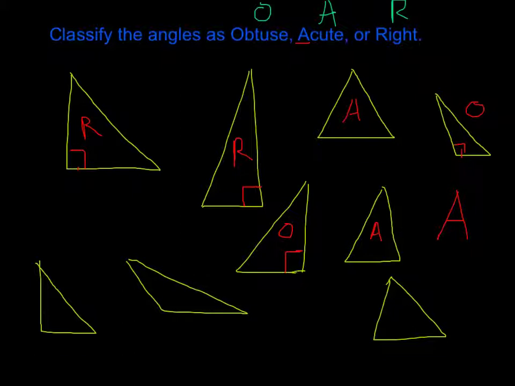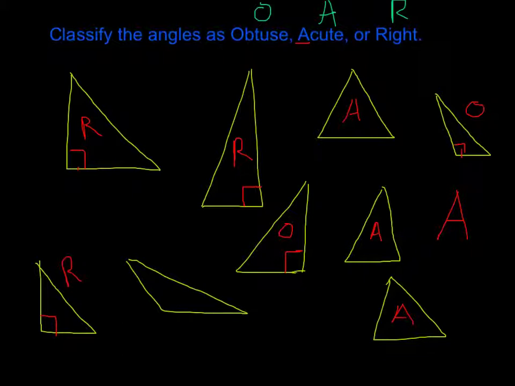This one down here looks more acute, like our A, so I'm going to say that one is acute. This one over here is pretty badly drawn, but let's try our box in there. It looks pretty square, so for our purposes, I'm going to say it's a right.